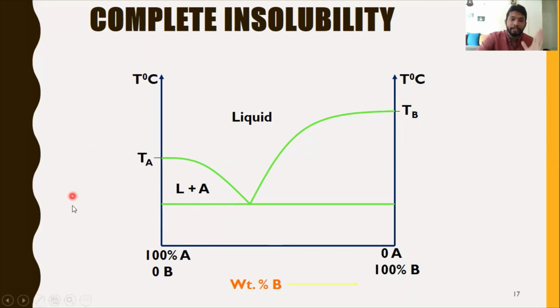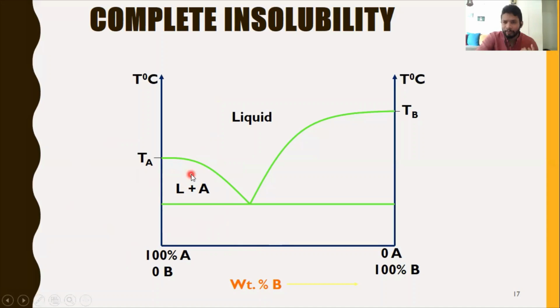Because on this side is 100% A, in these regions A is very high. Because of that, A solidified first, because A is there in higher amounts. But liquid is still there. This is still a high temperature.